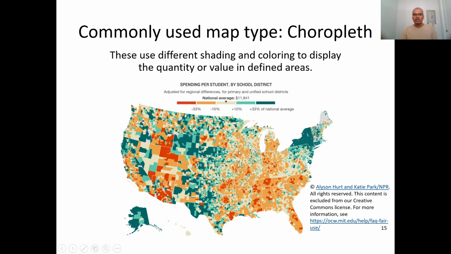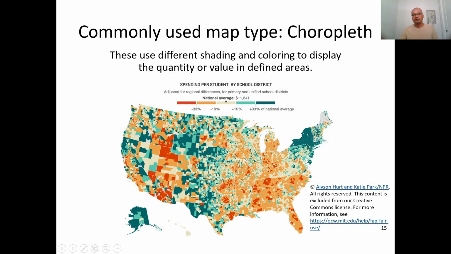The most commonly used map type is the choropleth. This is an example of a choropleth using polygons and colors, where the spending per student by school district is represented using a diverging approach. On one side you have the lower end, where the spending is very low. On the other side, the spending is very high compared to the national average.